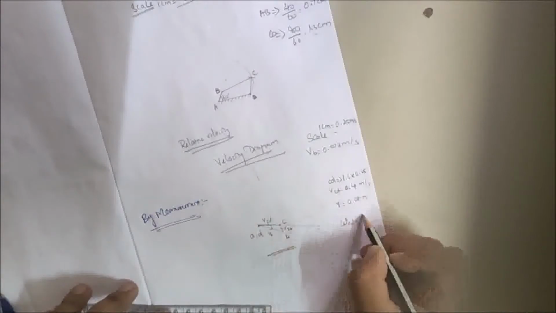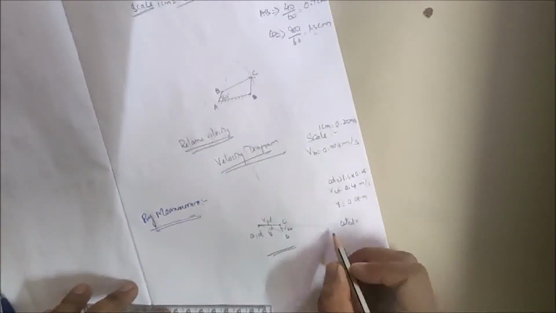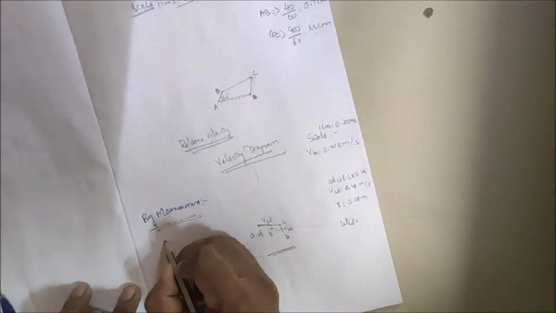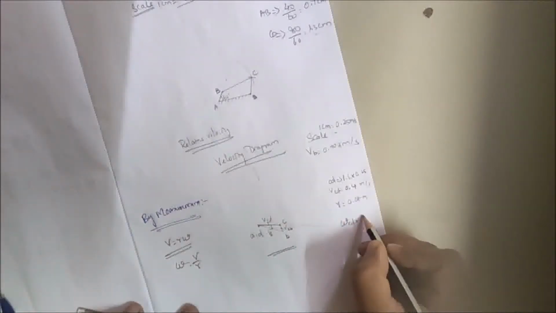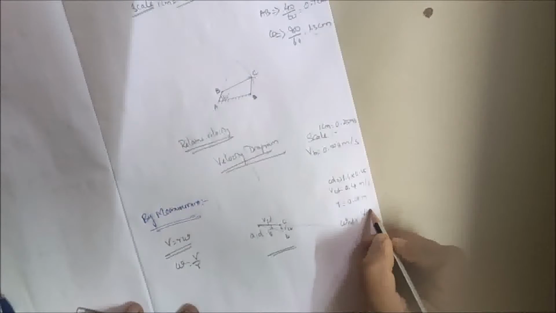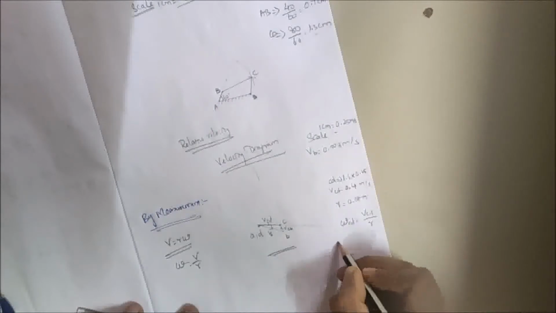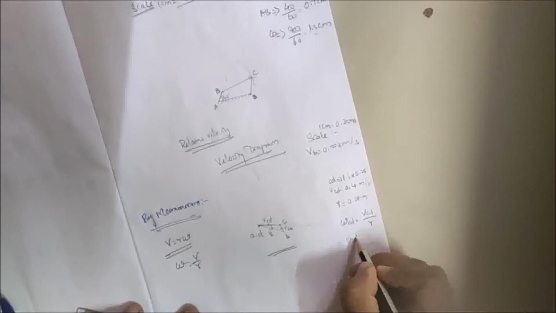Our known formula is V is equal to R omega. Omega is equal to V by R. So omega CD is equal to V divided by R. This value is going to be 0.4 by 0.08.